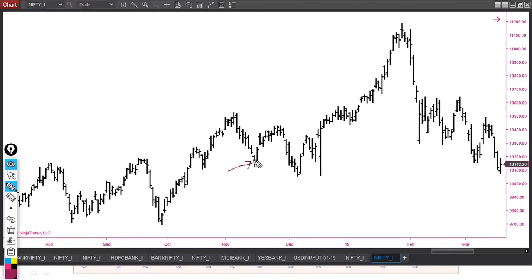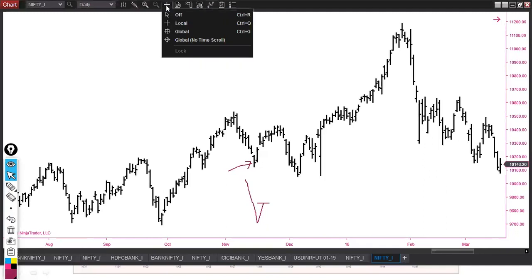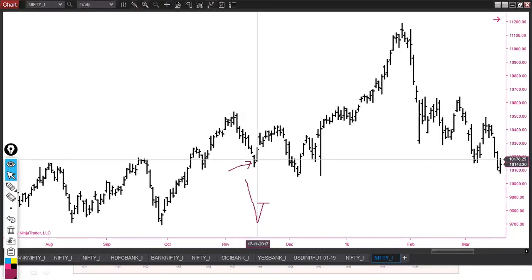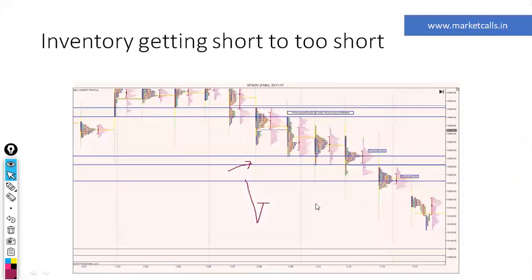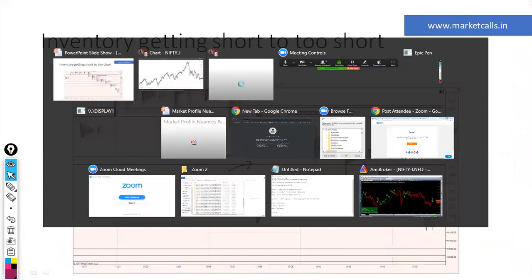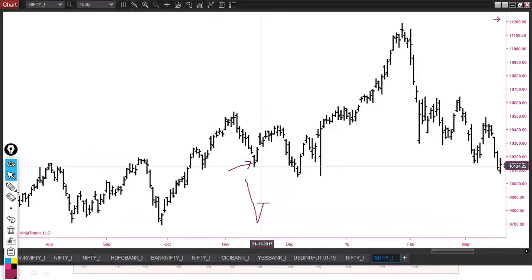So we have a reference: on that day we got a Friday rally high, and that Friday rally high was somewhere around, if you look at the PPT, the 10,160 level.